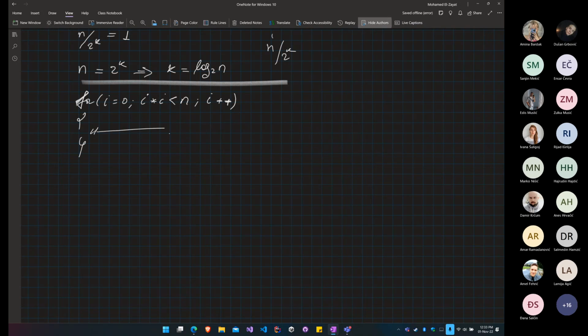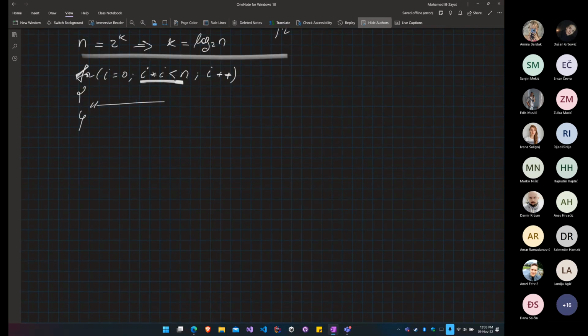Okay. Since no educated guesses, what will happen here is, this is actually quite easy. The stopping condition is this guy. So basically, i squared, we can approximate it to equals n as a stopping condition.